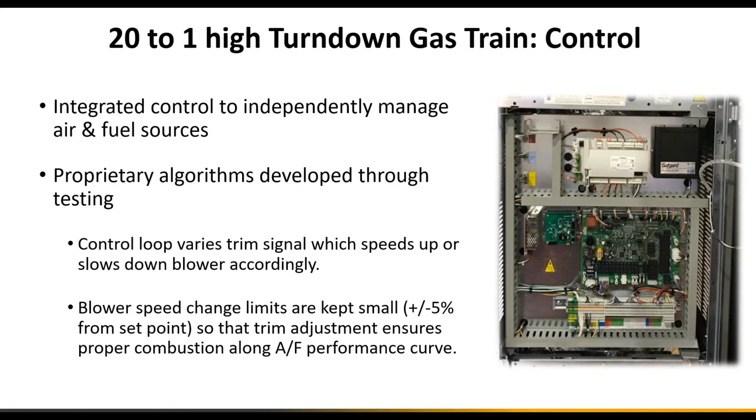And then the O2 sensor will pick up the O2 levels either in the exhaust or in the combustion chamber, and make fine-tuned blower speed adjustments to effectively trim and keep that O2 level within the desired range. Moving on to the next slide.